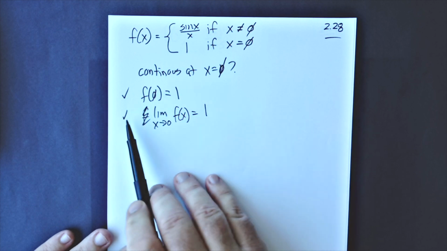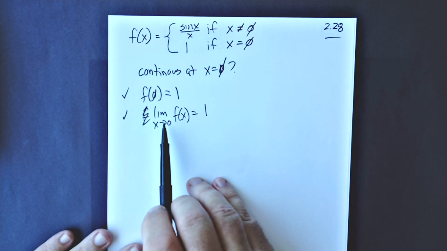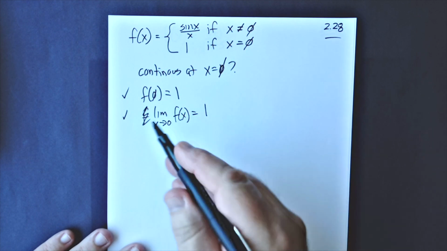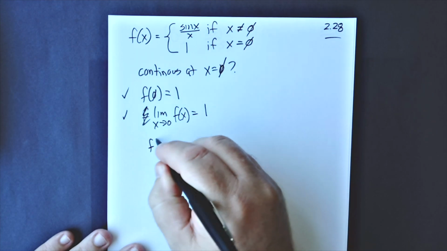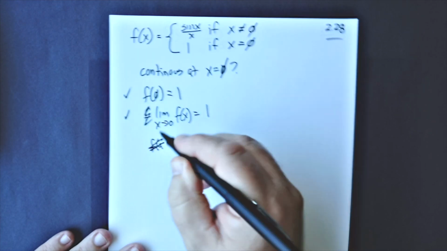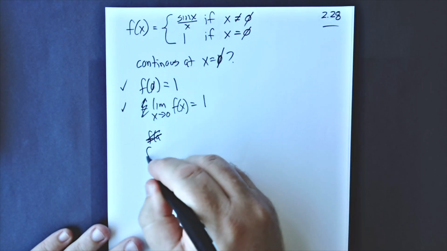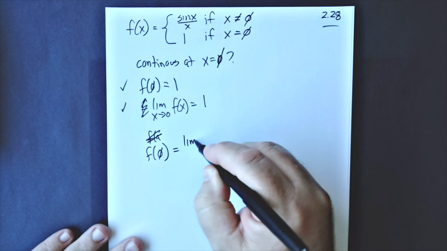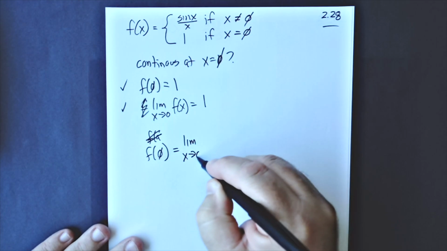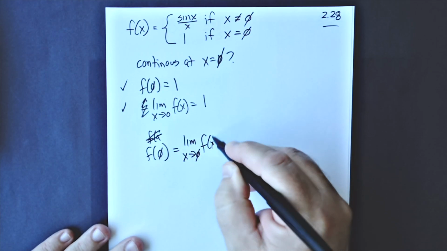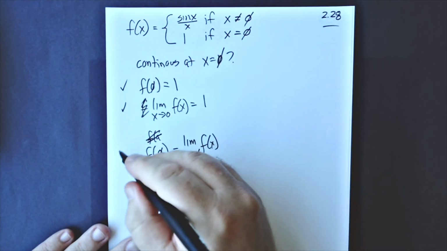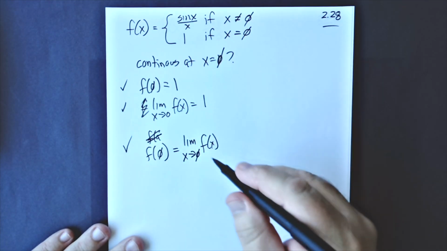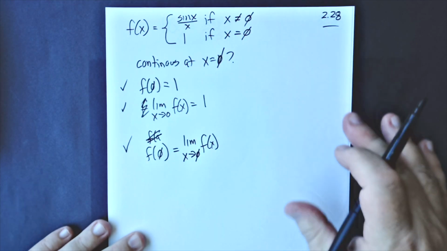Yes. Does the function have a two-sided limit at 0? Yes. And then the last thing we check is, do those two things equal each other? And 1 equals 1, and so the answer is yes. So this function is continuous at 0.